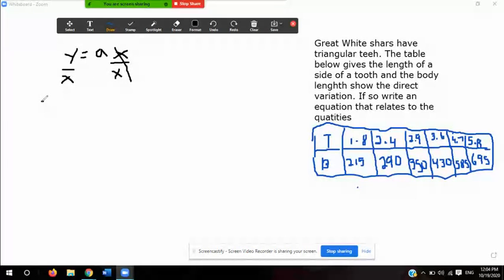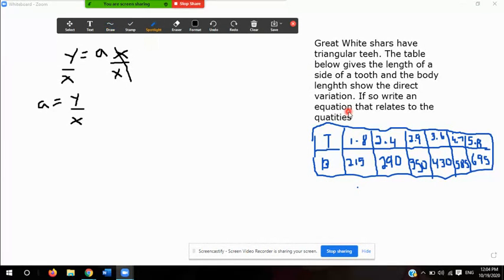So we have the formula a equals y over x. That means to find the constant of variation, I have to divide whatever value y is by whatever value x is. When we have tables, it can be tricky to determine who's x and who's y.